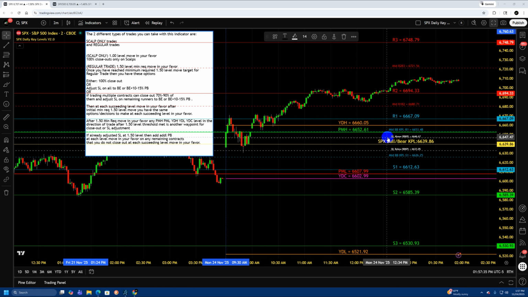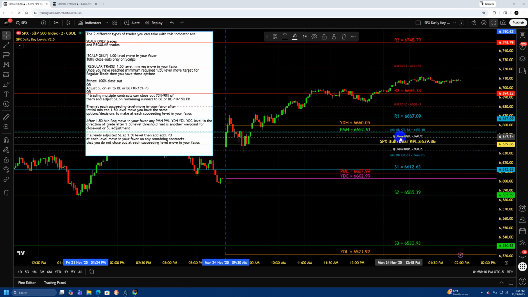So with this indicator, when you are doing your trade entry, your initial stop loss is based on levels. However, once it's met this 1.5 level move threshold and you adjust your stop loss, you are changing from a level-based stop loss to a price-based stop loss. Now, for those that are not familiar with level-based stop losses, there are a couple of ways that you can manage them.